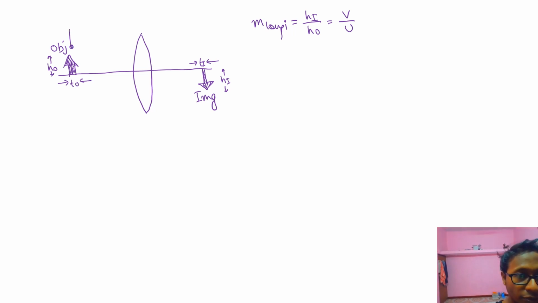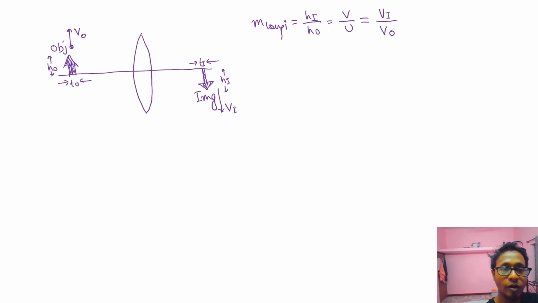Suppose the object was moving perpendicular to the axis. This is the velocity of object. The image will also move perpendicular to the axis, so this formula can also be used for velocity of image by velocity of object.